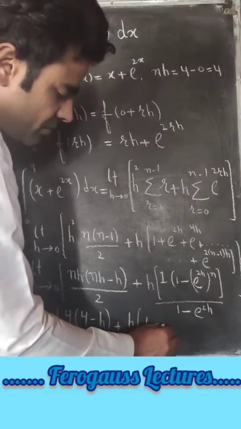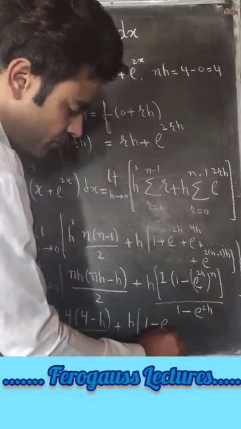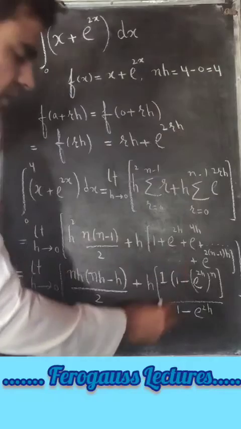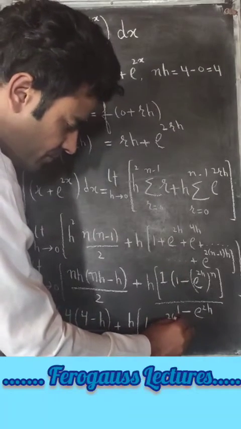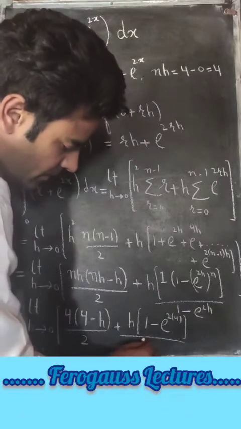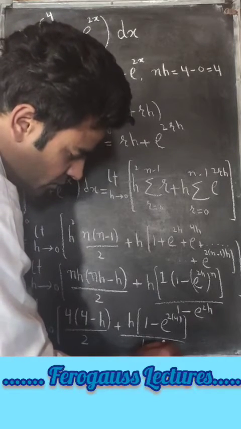So we can write e raised power 2 times 4, since instead of nh we have 4, divided by 1 minus e raised power 2h.